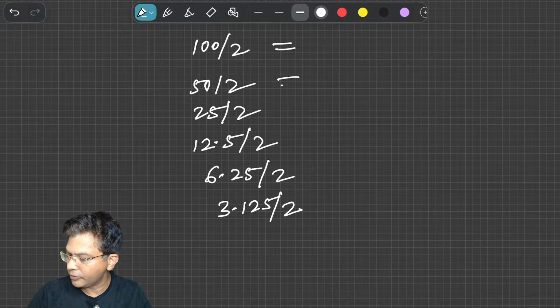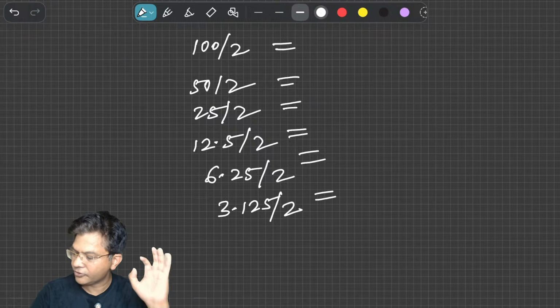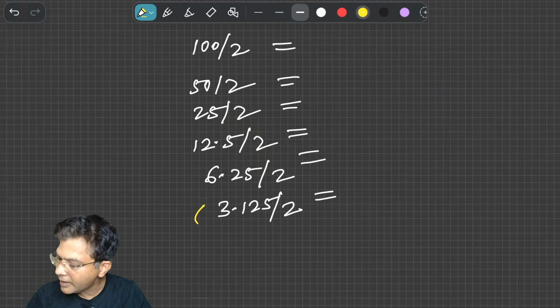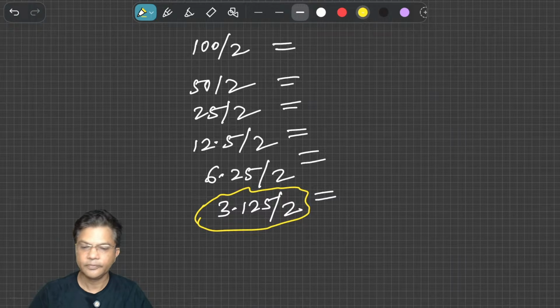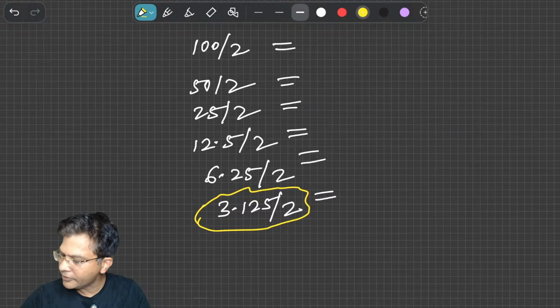Tell me all the values. Let's see. Tell me the last value. Let's see how many of you can do that. How is your maths, everyone? So the answer will come out.